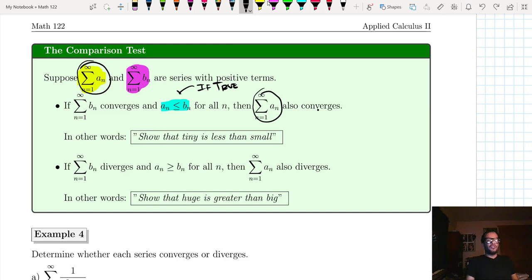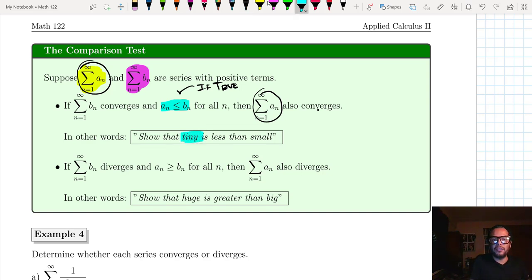In other words, we are going to come up with a series that is going to denote a tiny number. So we are going to show essentially that tiny is less than something small. You will see what I mean by showing that tiny is less than small when I go over the examples.